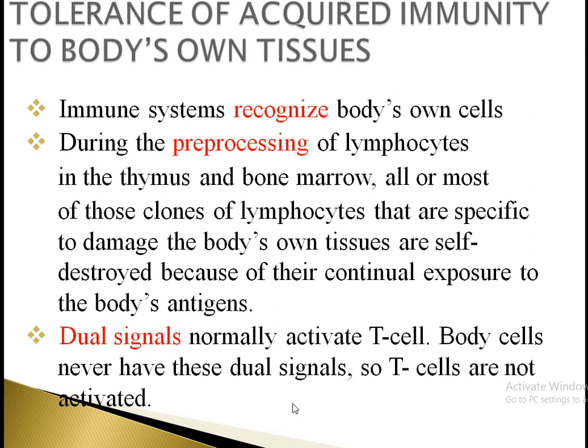The immune system recognizes the body's own cells, and it is very necessary. If this does not happen, once these cytotoxic cells or this process of immunity and body defense starts, what happens? They may engulf the healthy tissues of the body.